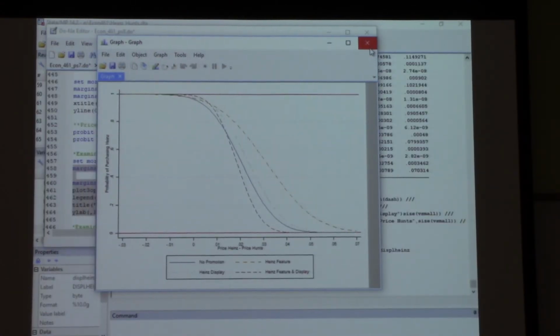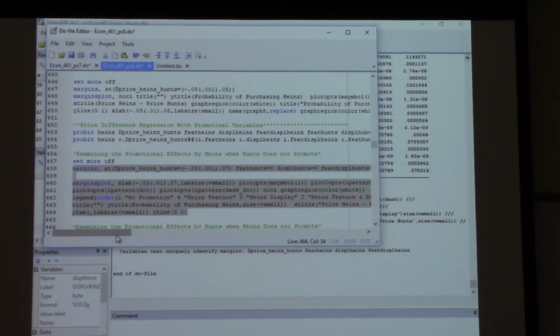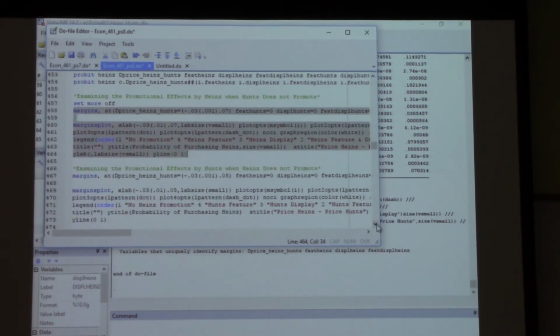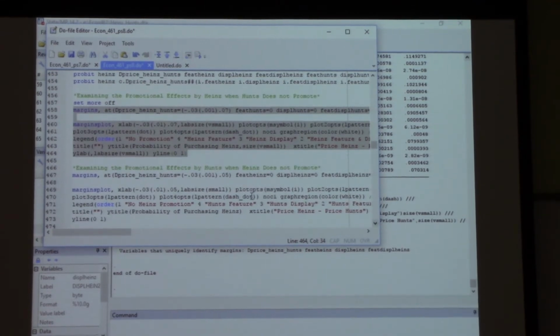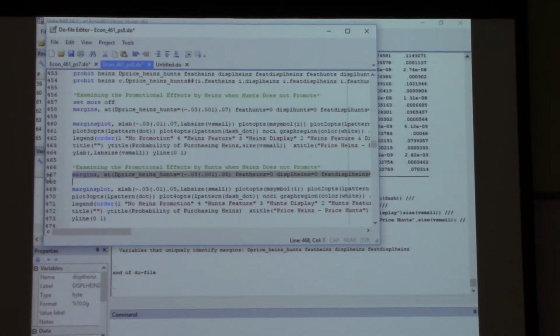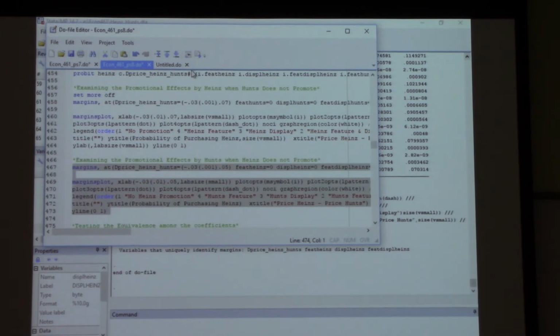We can analyze those same Hunt's promotions now. Now we're going to set all of the Heinz promotions equal to 0 and analyze the negative impact of the Hunt's promotion.